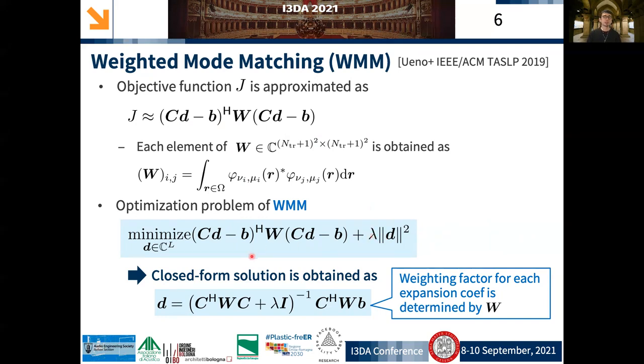This problem also has a closed form solution shown below. Here, the weighting factor for each expansion coefficient is determined by this matrix W, which is the regional integration of spherical wave functions.